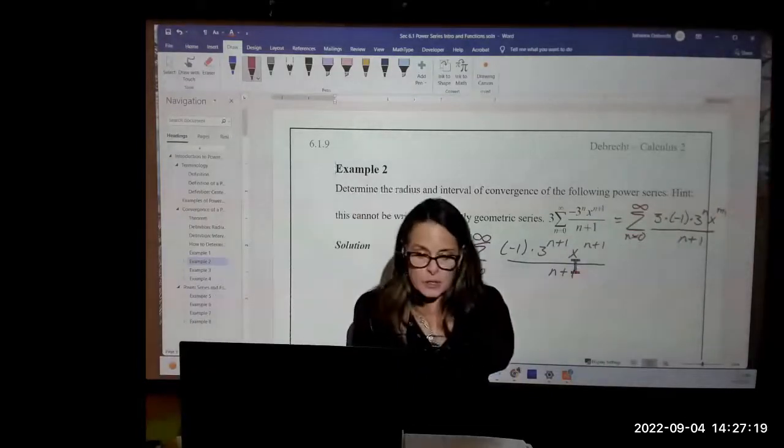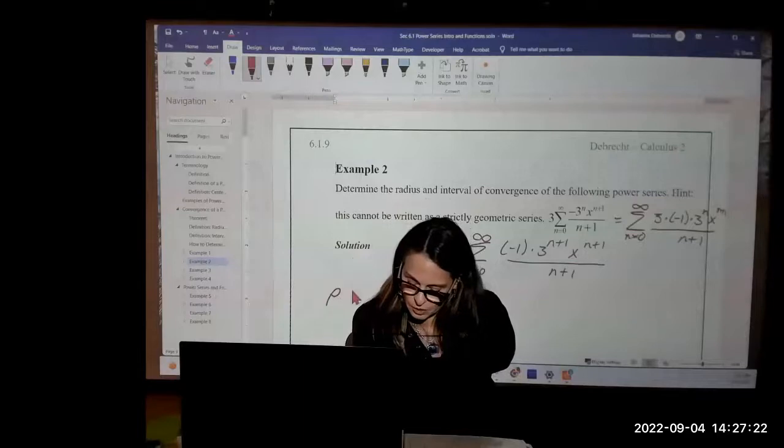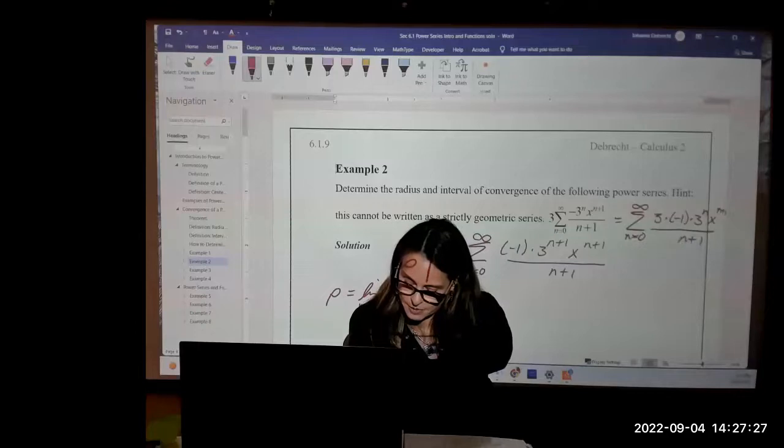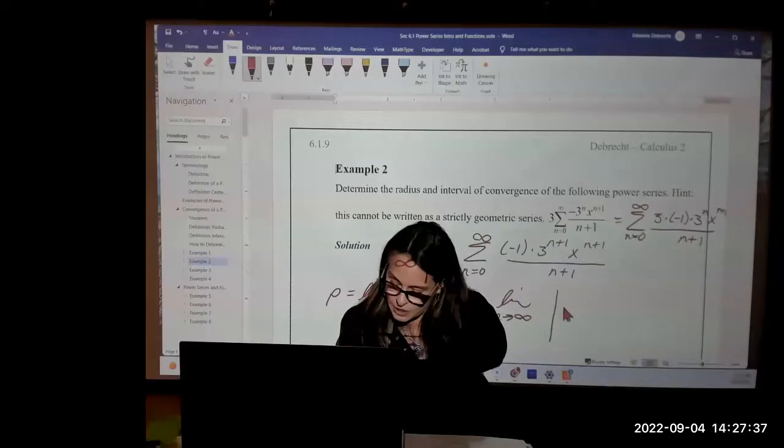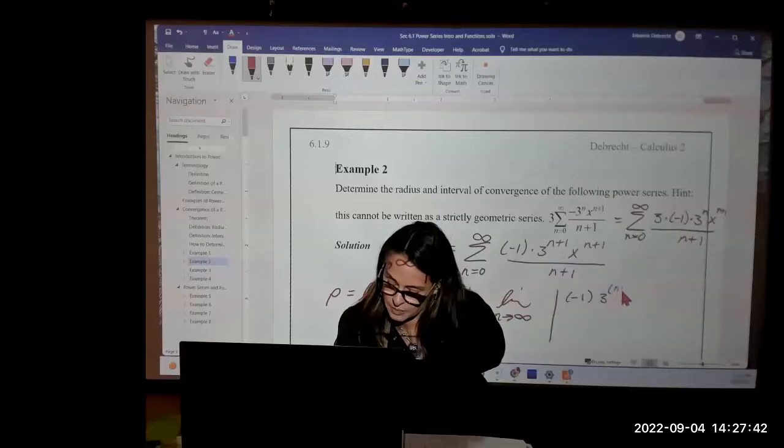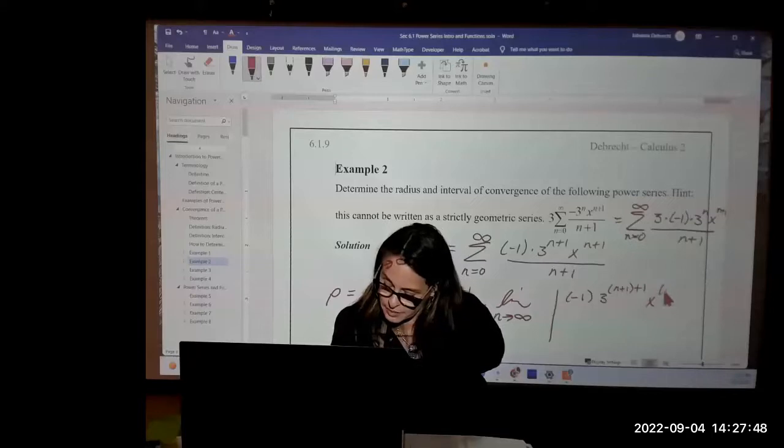So now I'm going to be looking for rho, which is the limit as n goes to infinity of the absolute value of a sub n plus 1 over a sub n. Now, to do this, I'm going to have to rewrite my series. So I've got a -1 times 3 to the n plus 1 plus 1, x to the n plus 1 plus 1 over n plus 1 plus 1.